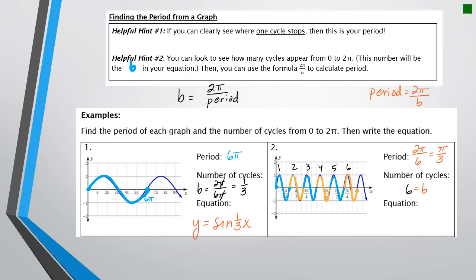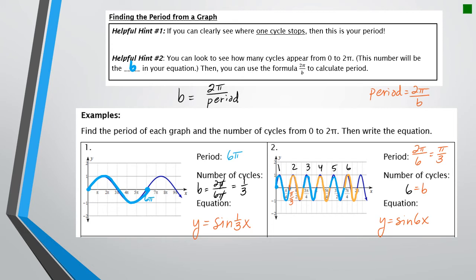So what that means is that this point right here that I'm just putting in orange, that's actually pi over 3. And it wasn't labeled on our graph, so we couldn't see it, but this is the way that you have to kind of go backwards to find it. Now as far as the equation goes, again, amplitude is 1, midline is 0, it is not reflected. The only thing that's changing is the b value, so this would be the sine of 6x.